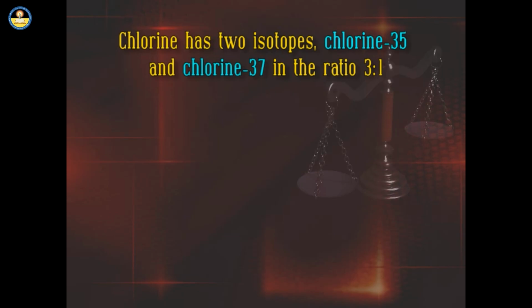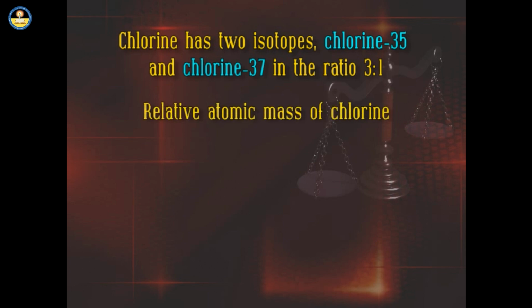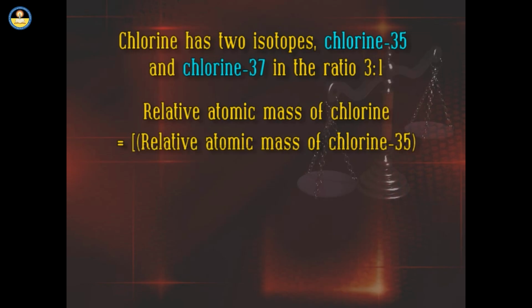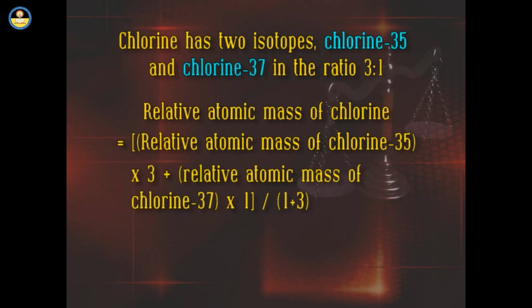Chlorine has 2 isotopes, chlorine-35 and chlorine-37 in the ratio of 3:1. Relative atomic mass of chlorine is equal to relative atomic mass of chlorine-35 multiplied by 3 plus relative atomic mass of chlorine-37 multiplied by 1, whole divided by 1 plus 3.